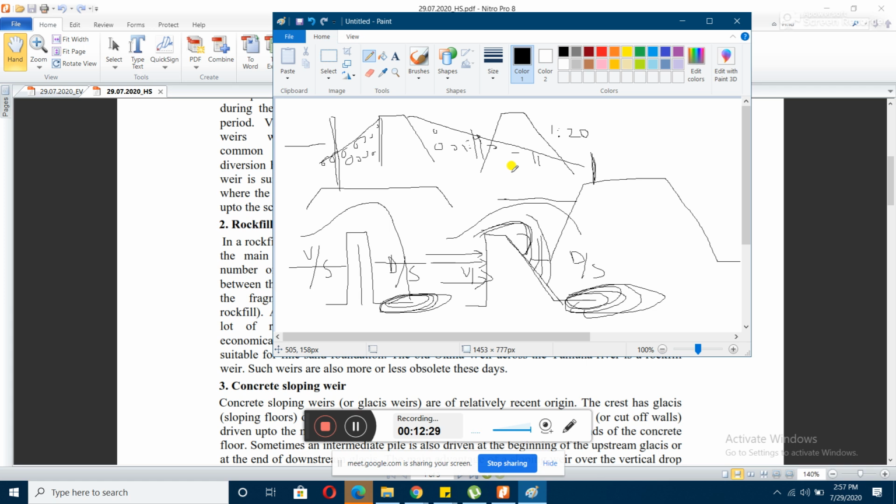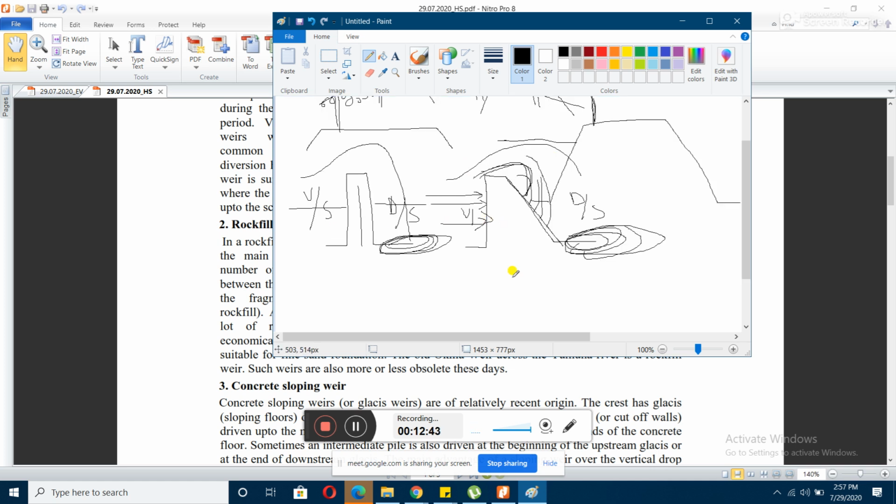From nearby sides, we take rocks and fill up the upstream and downstream to decrease the slope. Has everybody understood?